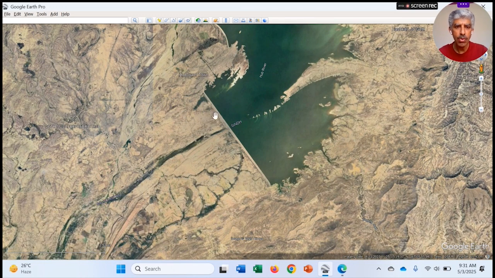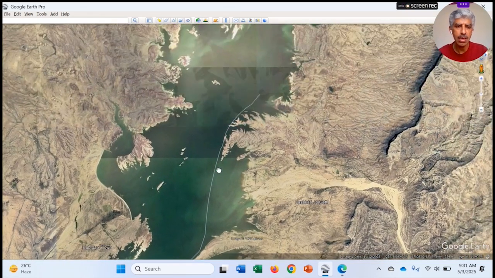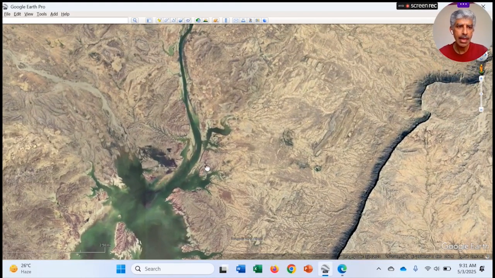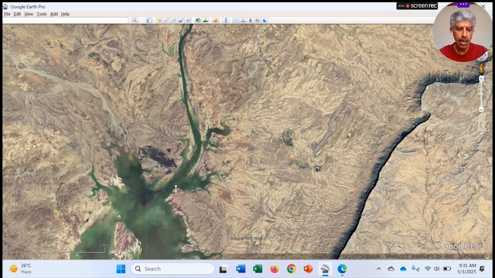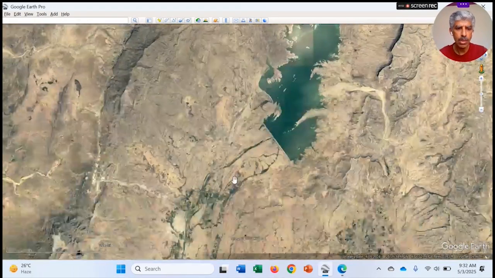Here the Hub Dam is constructed, and you can see the Hub River flows downward. This is the lake of this dam, and here is the river coming downstream. After passing through this dam, the water goes into the Arabian Sea.